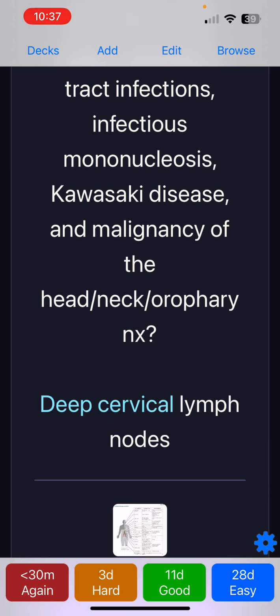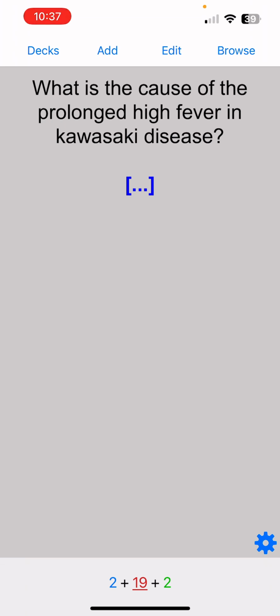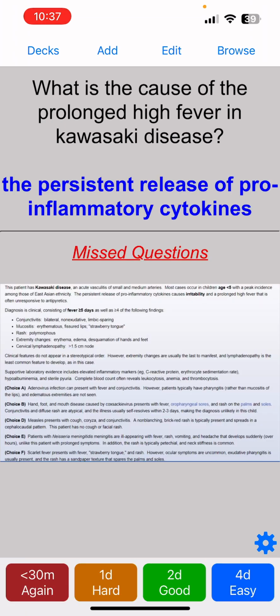Cervical lymph nodes, deep cervical lymph nodes. So it's the deep anterior cervical lymph nodes for Kawasaki, apparently. What is the cause of prolonged high fever? The persistent release of inflammatory cytokines.